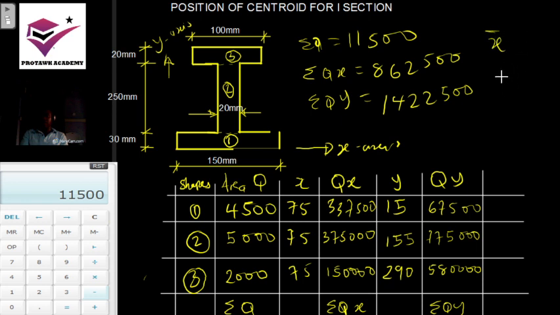Once we've gotten this, we'll now find our x bar and our y bar. Our y bar will be equal to the summation of qy over the summation of q.